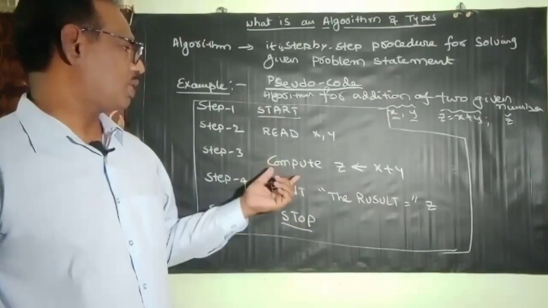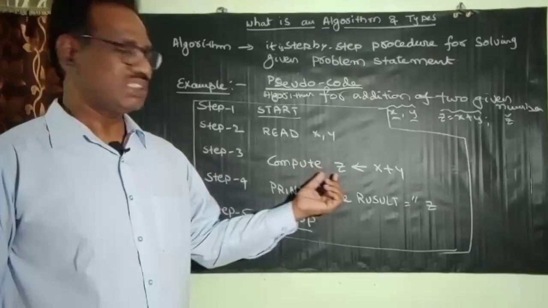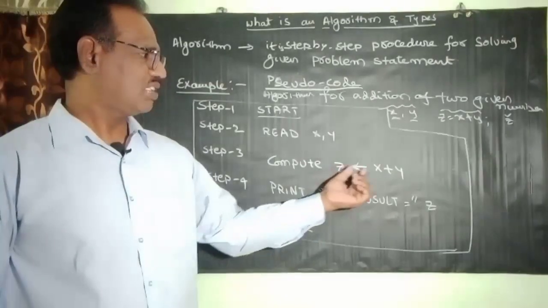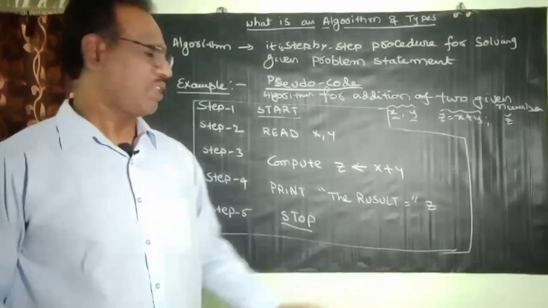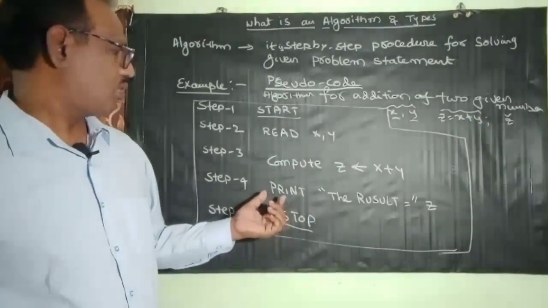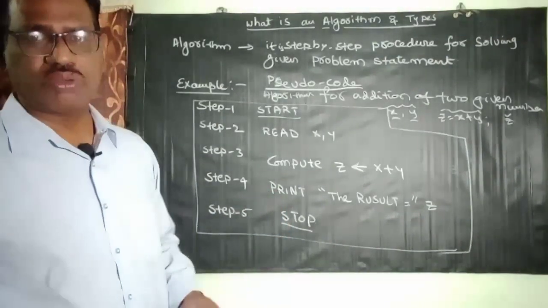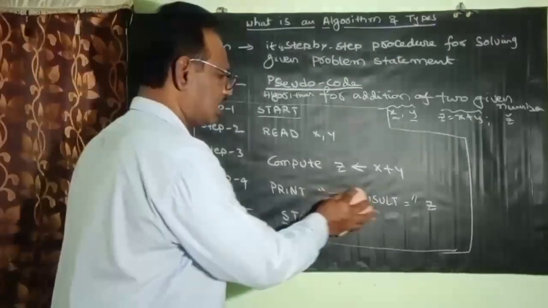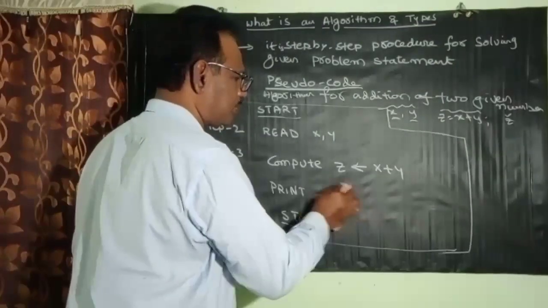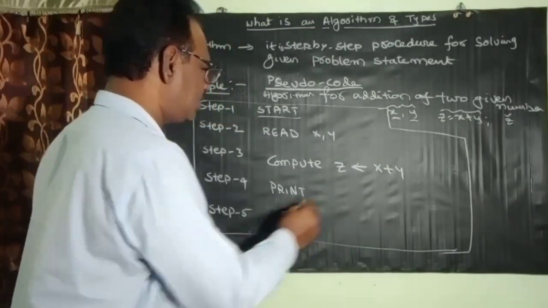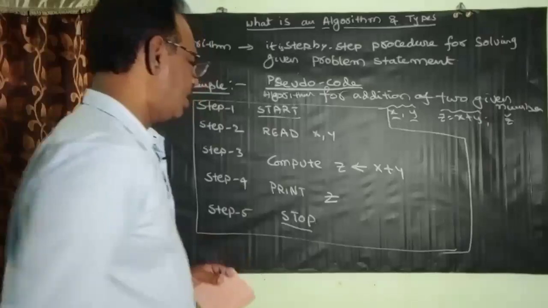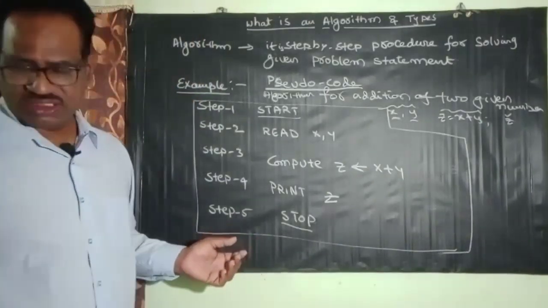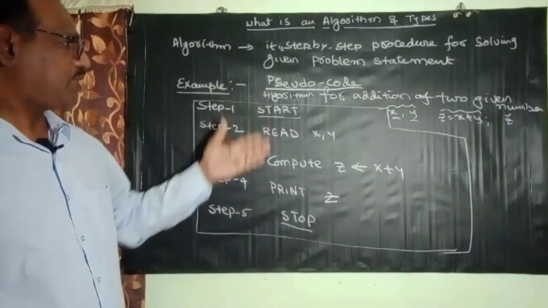That is the pseudocode form, compute. Compute means it is going to calculate z by x and y. Then I have to write the print. What I have to put? The result. So instead of writing this, I can write simply z, and then stop. So this is the same thing.